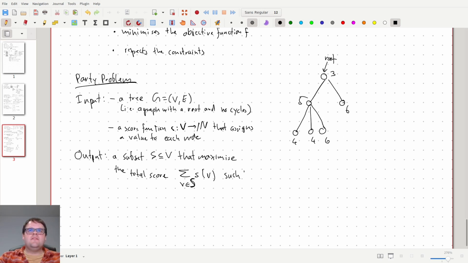But then we have the constraint such that no nodes in S are adjacent, right? Kind of like an independent set. So for all u, v in S, we have that uv is not an edge.